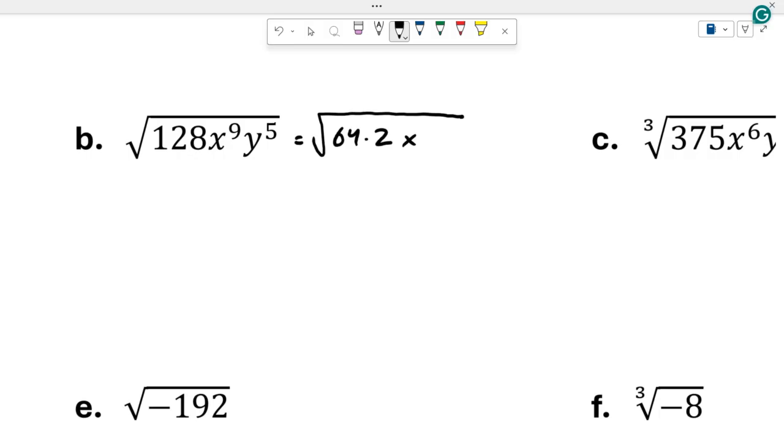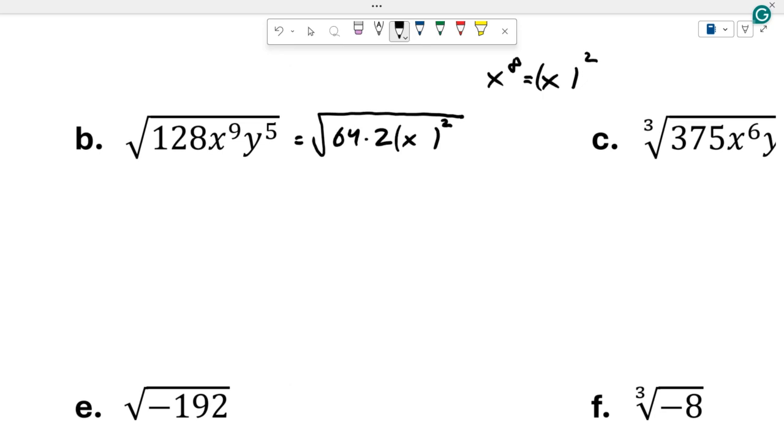Okay, so what I mean by that is I want to write this as x to the something squared, all right? And I want to get as many of the x's into this cluster as I can, right? So I have x to the 9th, all right? And I know that x to the 8th, right? That's an even number, right? So I know that I can write that as x to the something squared, right?